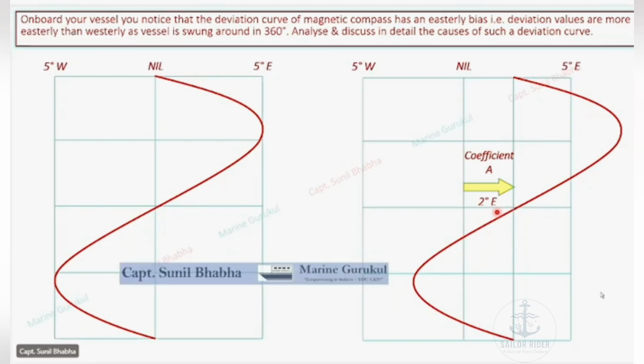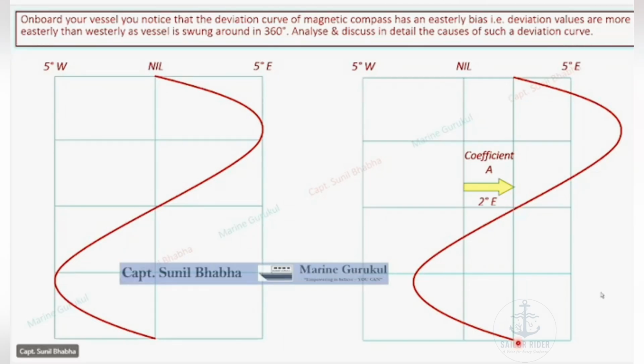It is applied as an index error. So you can have a normal curve like this, and the compass adjuster is going to mention that coefficient A here is 2 degrees east. So this 2 degrees east can be applied to the value of deviation at any particular heading, and it will give you the deviation for that particular ship.